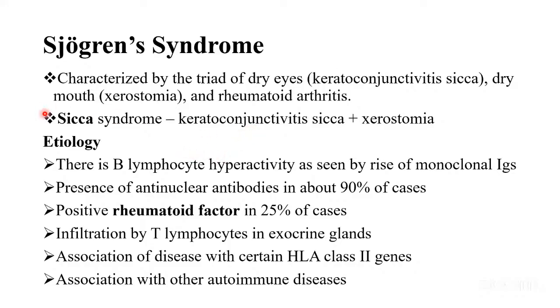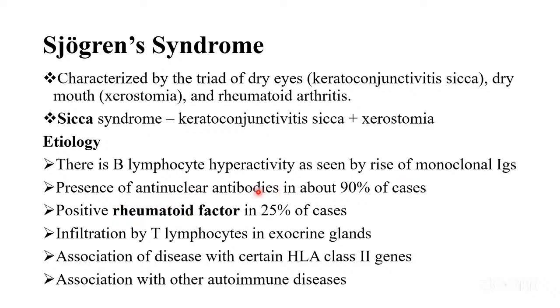It's characterized by the sicca syndrome, which involves dryness of the eyes and dryness of the mouth. The etiology involves B lymphocyte hyperactivity, as seen with a rise in monoclonal immunoglobulins. There is the presence of antinuclear antibodies in about 90% of cases, so if you do an ANA, it's going to be positive in 90% of cases.